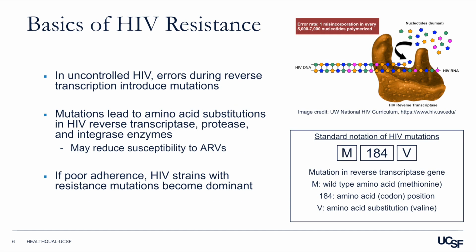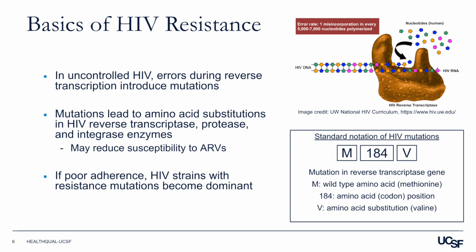So getting to the basics of HIV resistance, really just boiling it down to the core concepts here. In uncontrolled HIV, when patients are not receiving appropriate ART, errors occur during reverse transcription, and these errors occur at very high rates, and they introduce mutations into the HIV DNA that is being created in human cells.